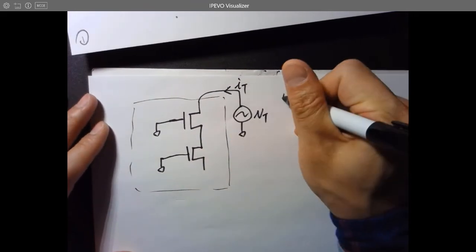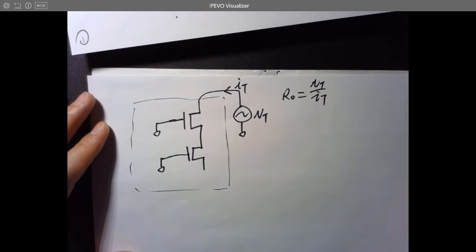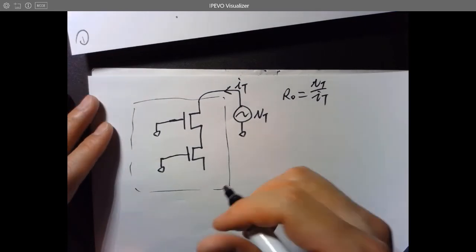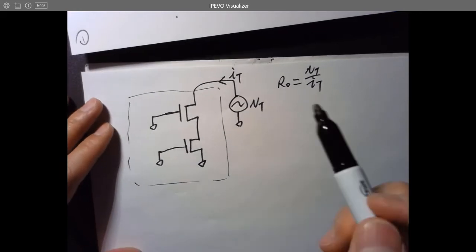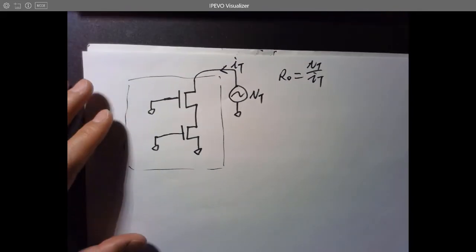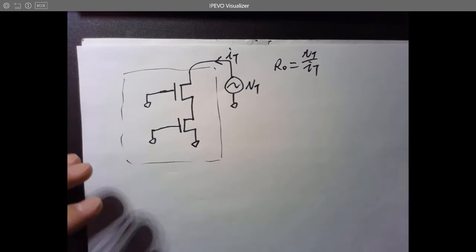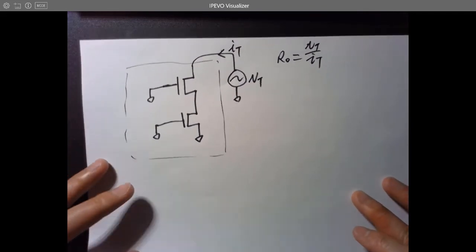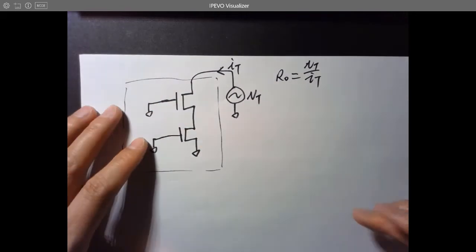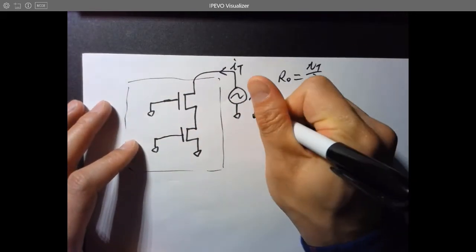Now you can use this equation to find out the output resistance of the circuit. We are going to use this a lot in the future, maybe not in this class, but if you take some advanced analog courses in graduate school, you are going to use this a lot. So the way to test the RO is to connect a voltage. It's a testing voltage.